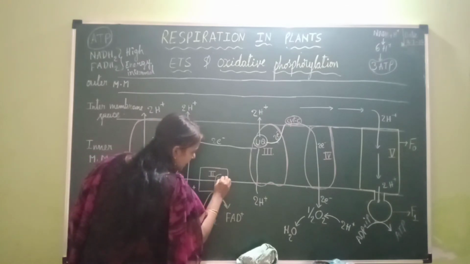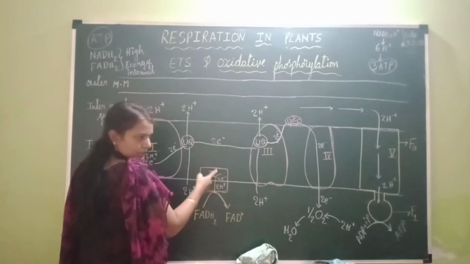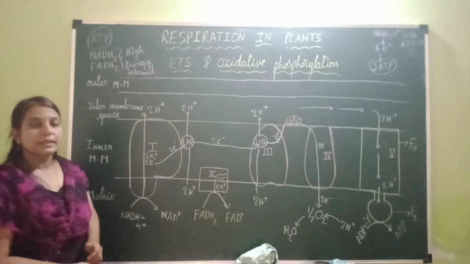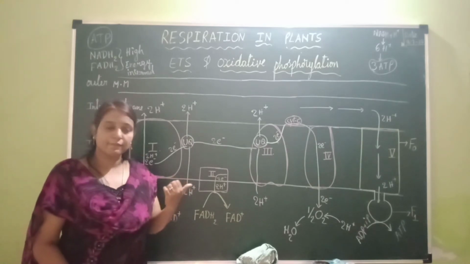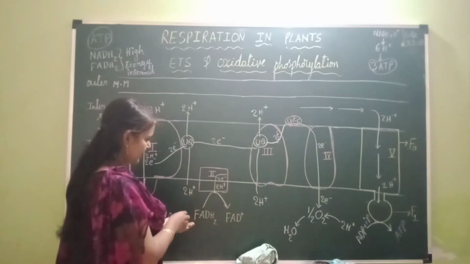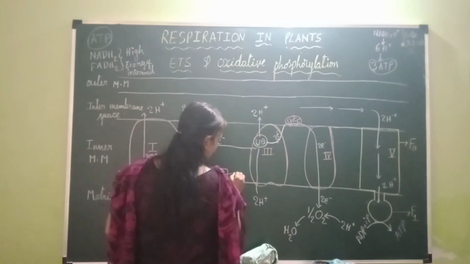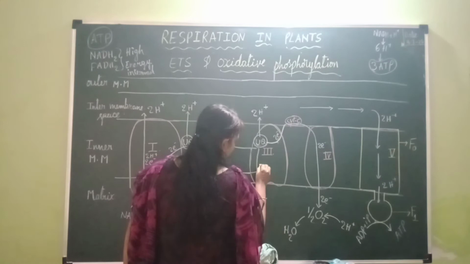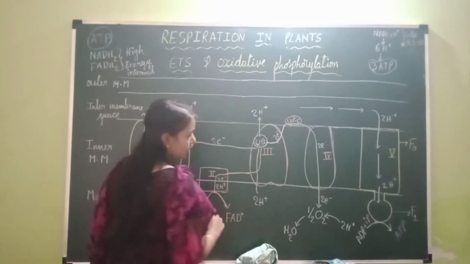So these protons and electrons enter the second complex. What are the carriers of the second complex? They are FAD and FeS. Through FAD and FeS, both the protons and electrons enter the third complex. In the third complex, they enter ubiquinone.